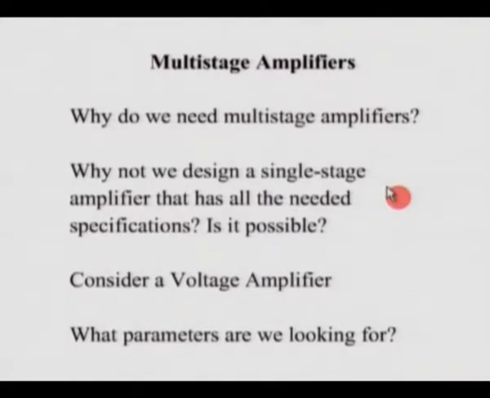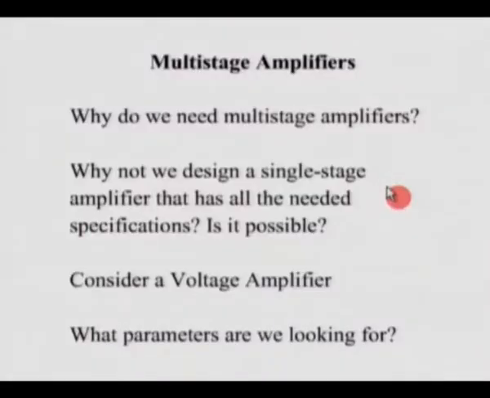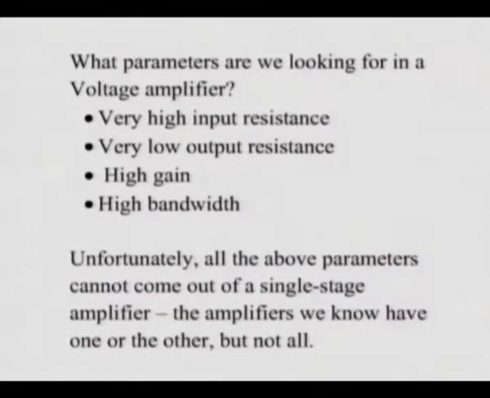Let us consider a voltage amplifier. As we said yesterday, most of the time we are actually looking for a voltage amplifier. Now, what are the parameters we are looking for in a voltage amplifier? From what we studied yesterday, we talked about 4 types of amplifiers.